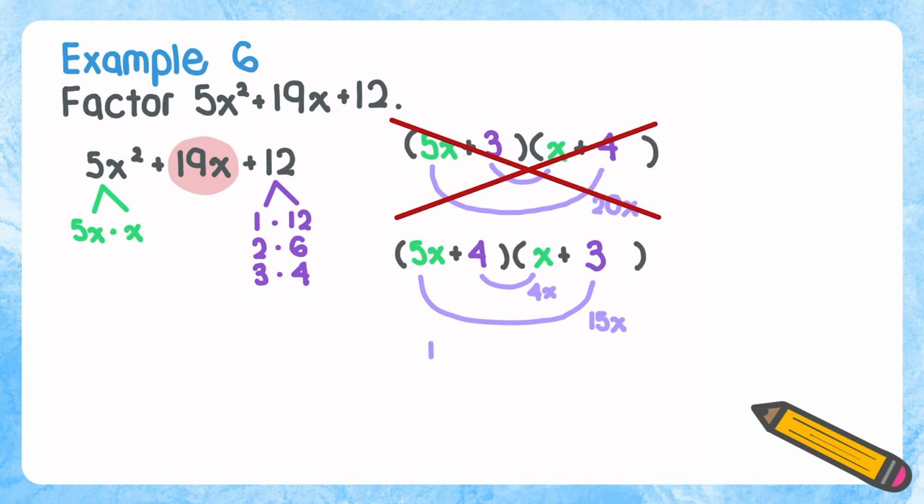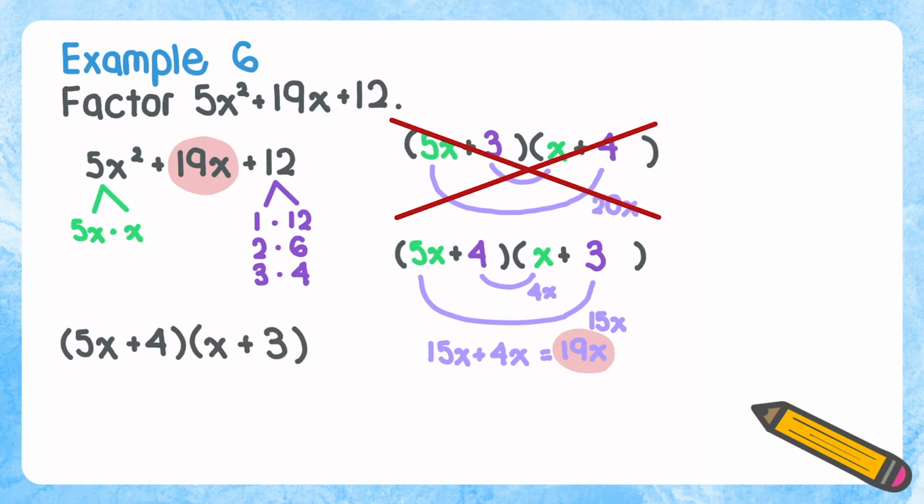We combine these terms. So 15x plus 4x equals 19x. Yay! So this is a match. So I know this combination works. So when I factor it, I got 5x plus 4 times x plus 3.